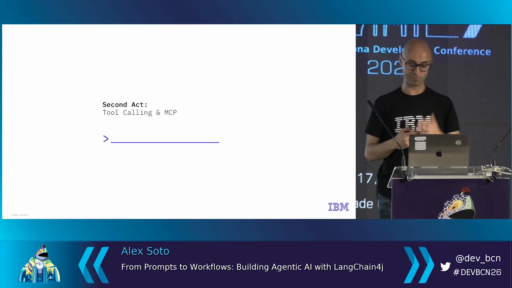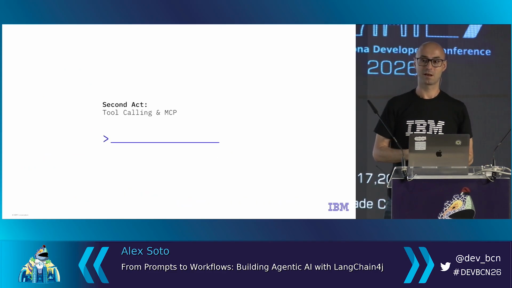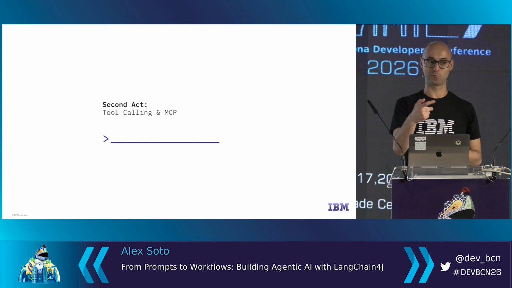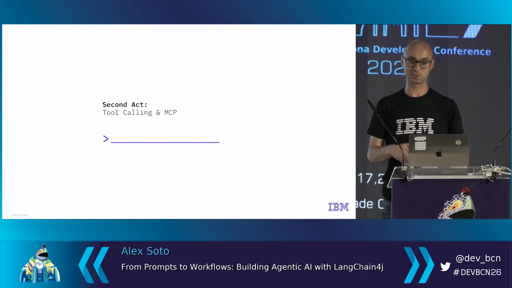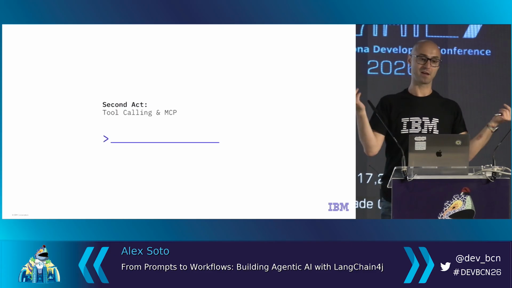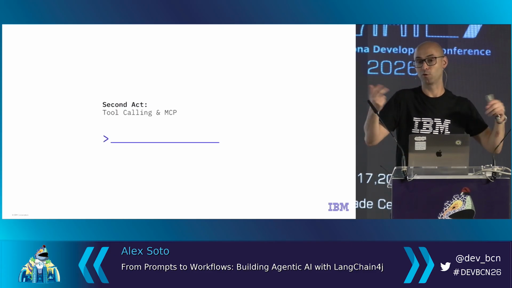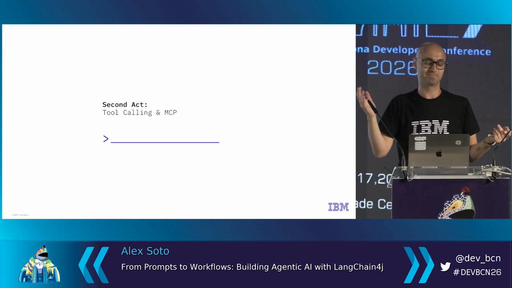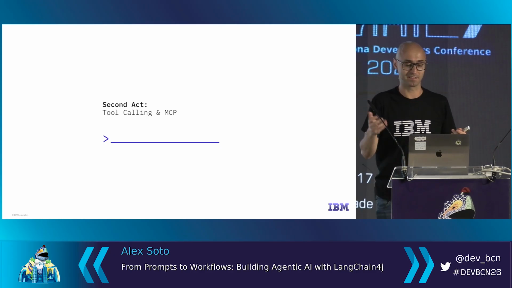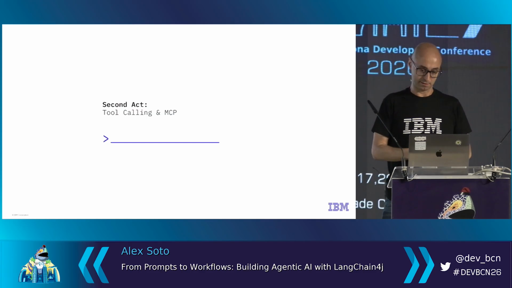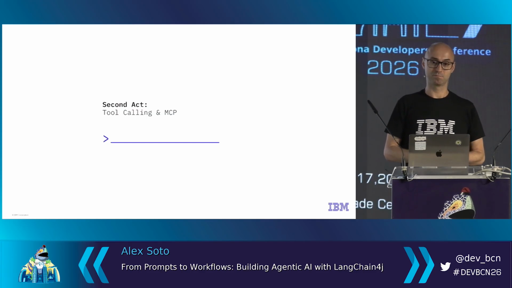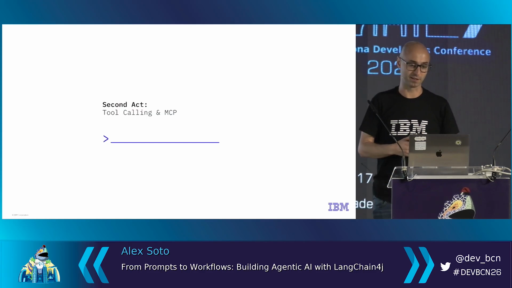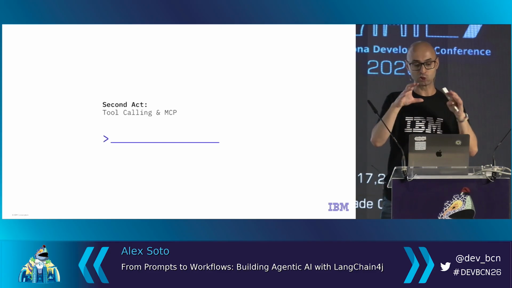Now, as I said before, a model has no way to interact with the external world per se. If you ask the model, what is the weather in Barcelona? The model will say, hey, I have no idea. Or it will hallucinate and tell you something like, oh yes, usually it's sunny. But what the model providers did was create these tool callings.